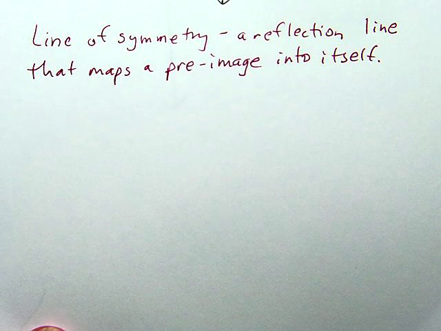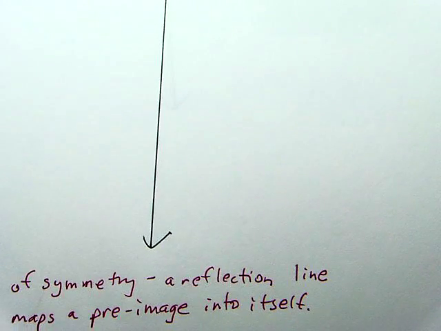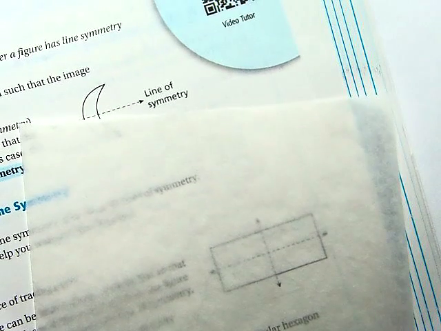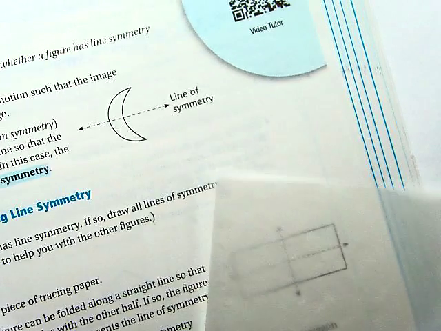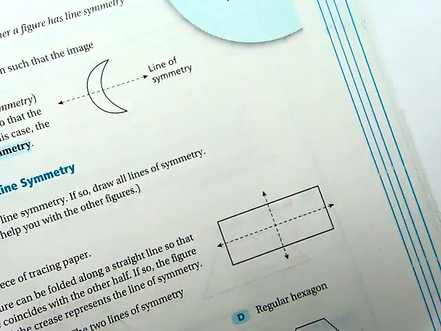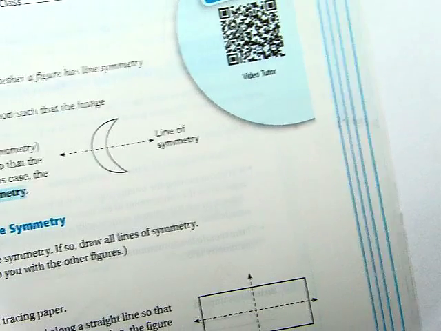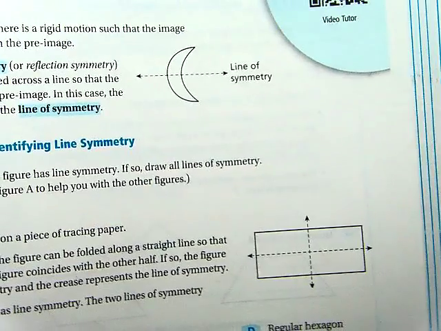So let's take a look at what this means. On page 395 of your workbook, you've got an illustration of a rectangle, and you've got some reflection lines that have been drawn on top of the rectangle.